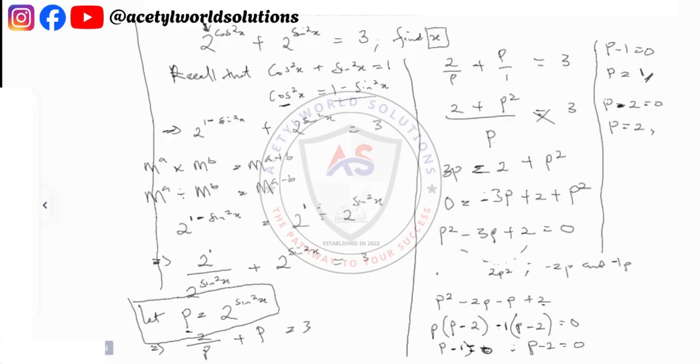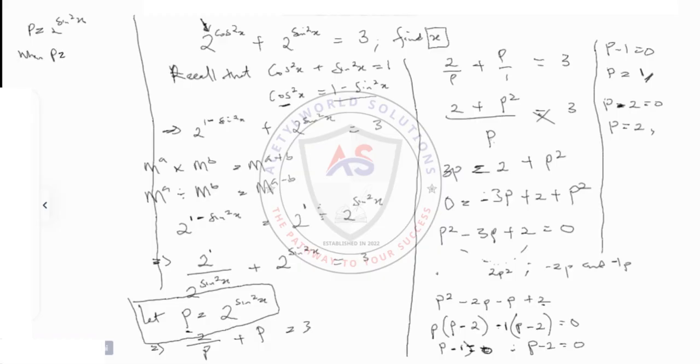So we can actually say now that, since recall that p equals 2 raised to power sine square x, when p equals 1, it means 2 raised to power sine square x equals 1. Now, 2 raised to power what will give us 1?